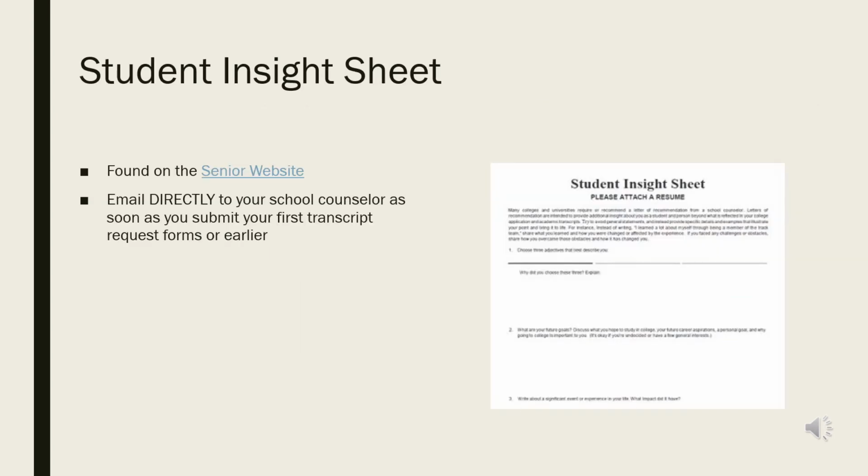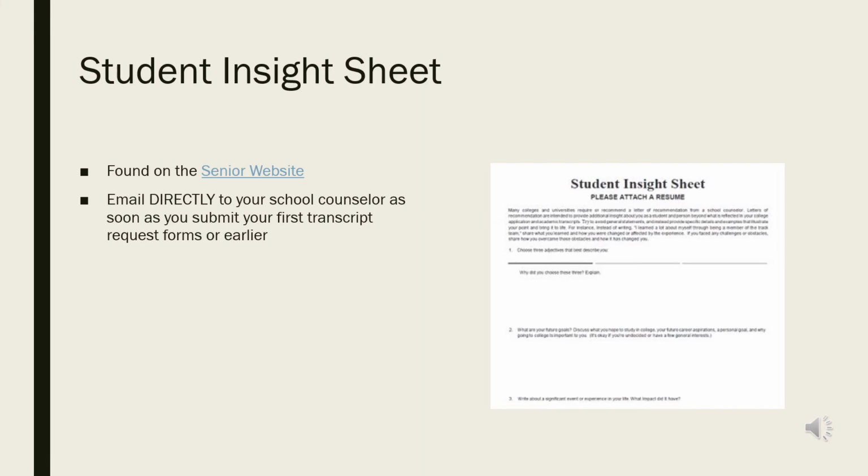If your student does need a counselor letter of recommendation, then they will need to complete a student insight sheet. The student insight sheet is found on the senior website of the Rockridge High School Counseling webpage. Once they have filled out the questionnaire, it's 14 questions all about them, then they can email that directly to their counselor.